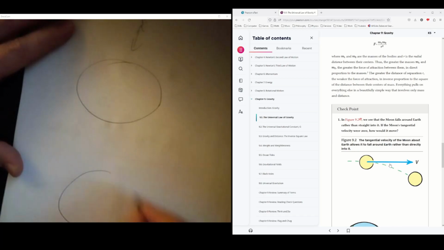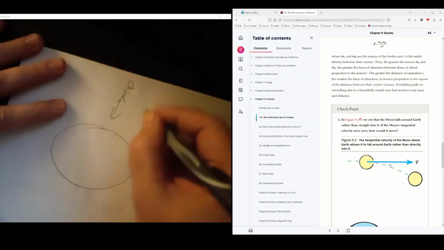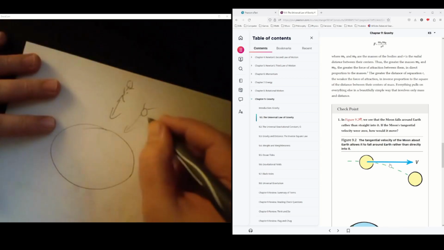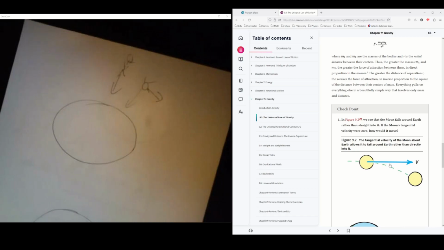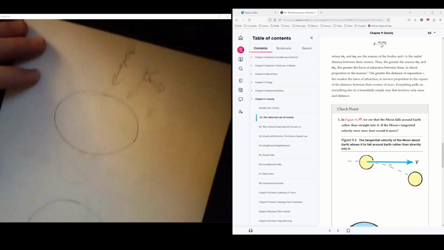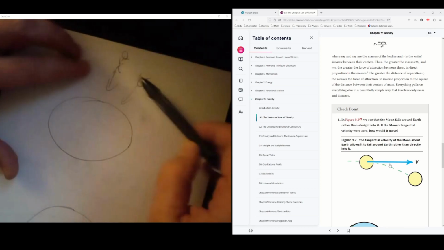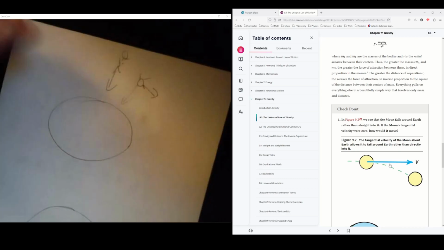However, that's not how satellites behave. It's not like we have a satellite in orbit, and it just falls straight down, because a satellite is moving. It has an orbit, which means it has some velocity going around the Earth. And so there's these scenarios. You can fall to Earth with no velocity left or right. If there's no velocity left or right, you're going to fall and hit the Earth.